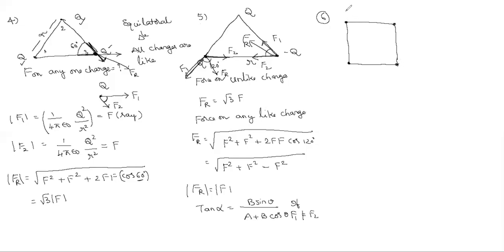Here all are again identical. If I ask what is the force on any one charge, I think it is not so easy. One force F1, very good. From 3 to 4, downward. This is F3 I take.